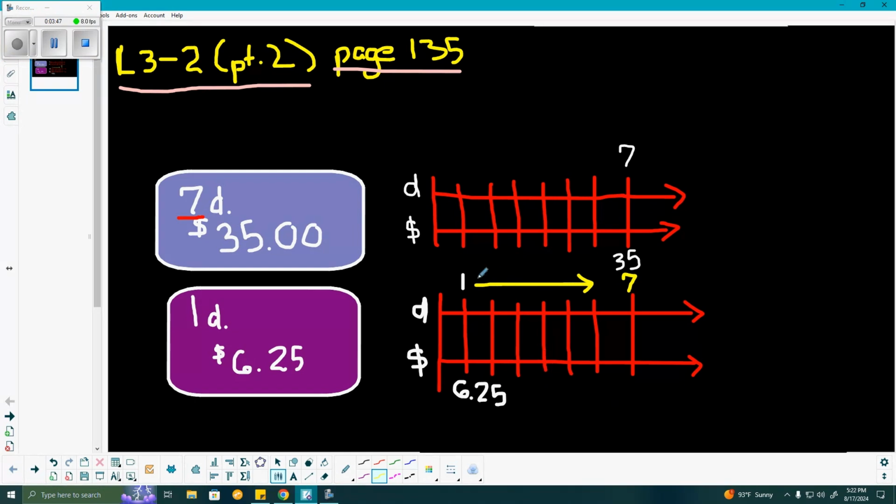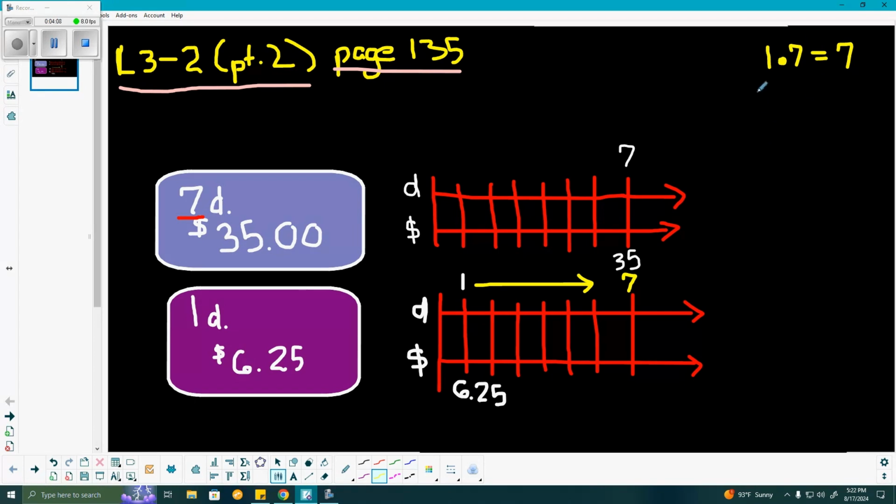I know that to go from 1 to 7 is 1 times 7, which equals 7. Please keep in mind that we are using the dot for multiplication because we are on a 6th grade curriculum.